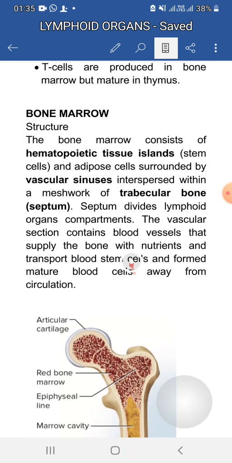So let's go back and look at the structure. The bone marrow first contains what we call stem cells or hematopoietic cells or tissue. Stem cells are cells which are capable of dividing throughout the life of an organism. Most cells specialize and stop dividing, but these cells do not specialize. In plants, they are found in the cambium.